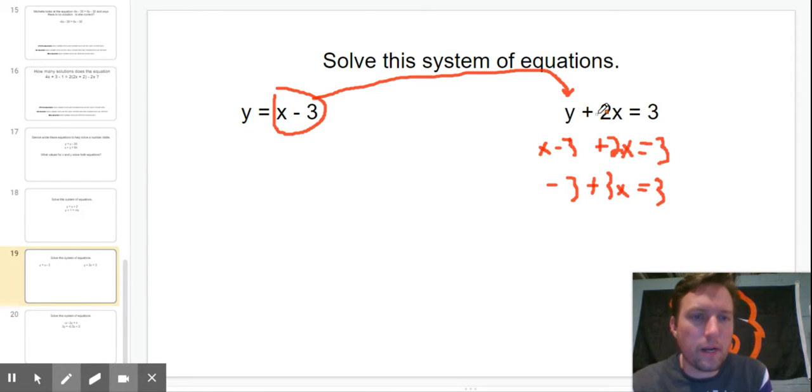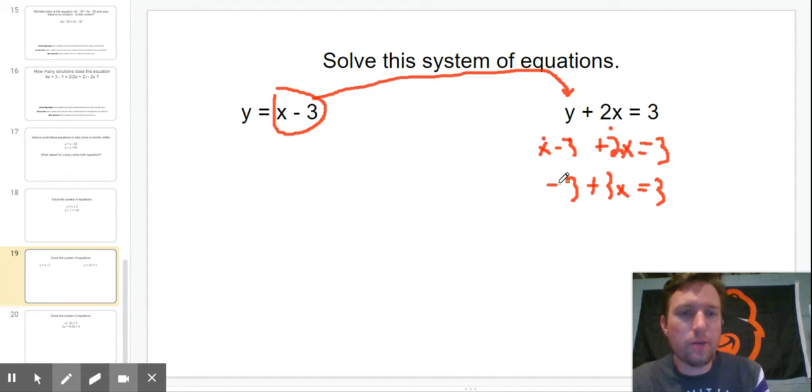So what I'm doing is just trying to combine my variables together. Now I have only one variable here, my 3x. So now I have negative 3 plus 3x equals 3. Again, I'm trying to solve for x, so I want to get x all by itself.